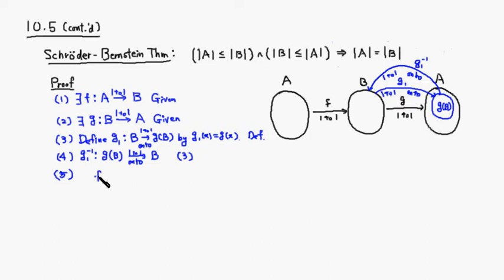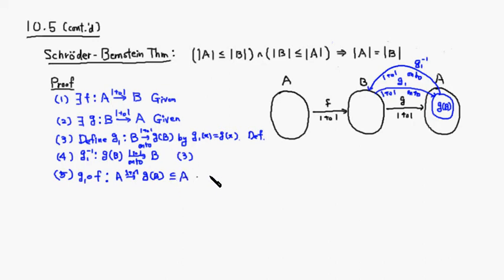If you compose g1 with f, this is going to be a one-to-one function from set A to g of B. This might not be onto, but it's a one-to-one function from A to its subset, since g of B is a subset of A.